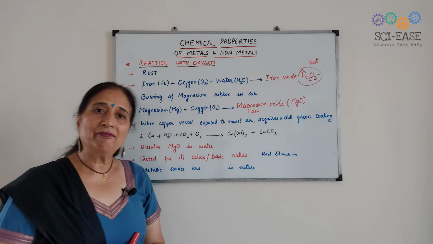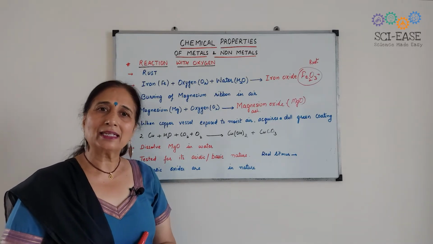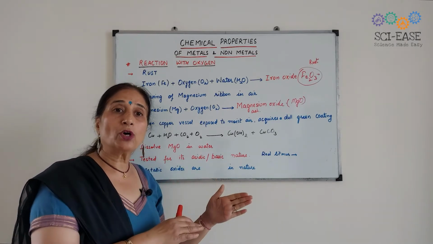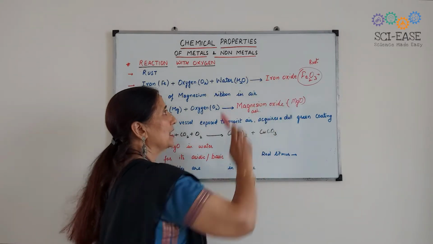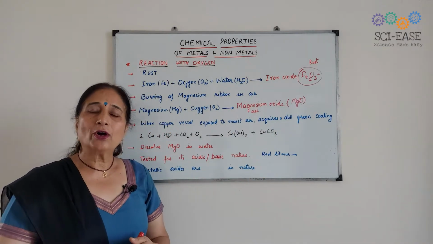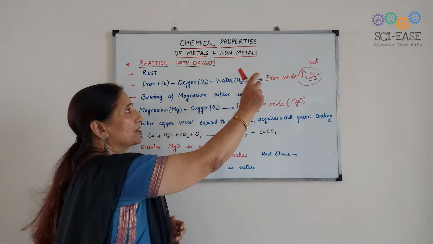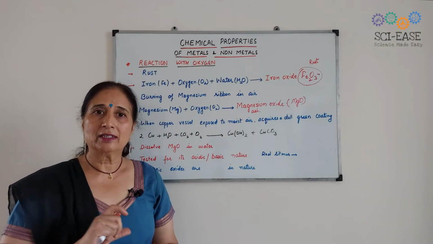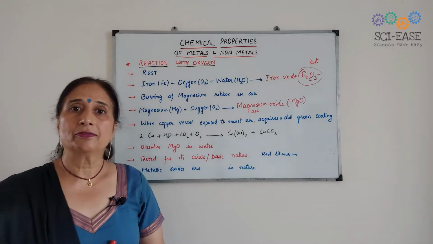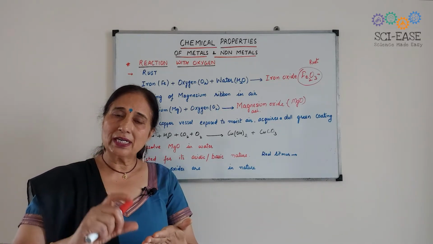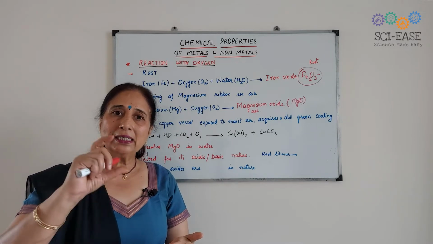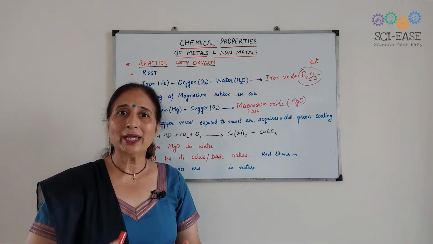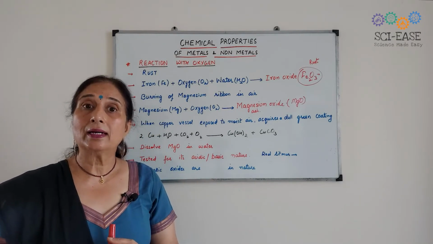So first I will perform certain activities in order to conclude what type of oxides magnesium oxide and iron oxide are. For this, first we will take this rust in a test tube, put some water in it, and shake it well. What you will observe is that the rust will remain suspended in it, but the water has turned reddish in color.